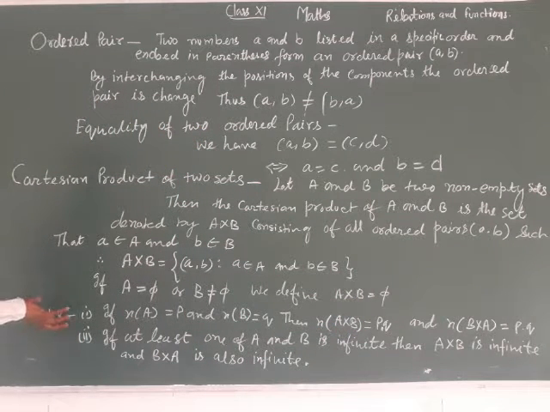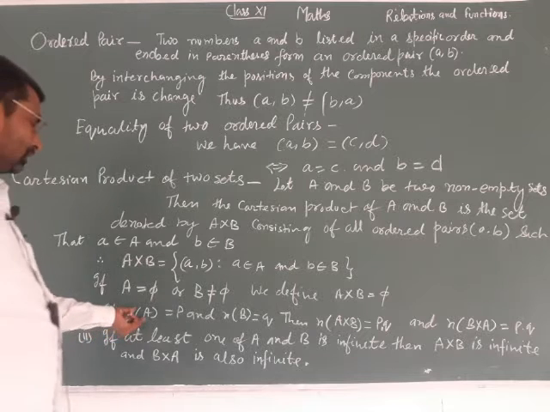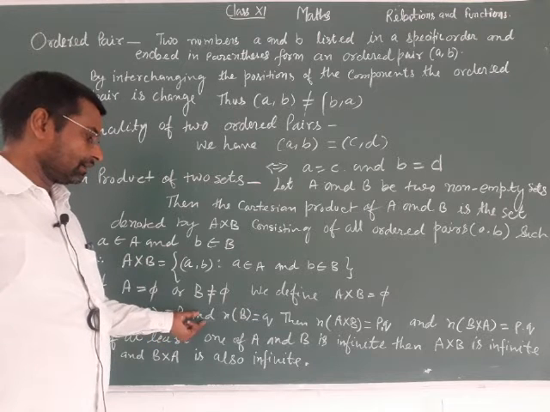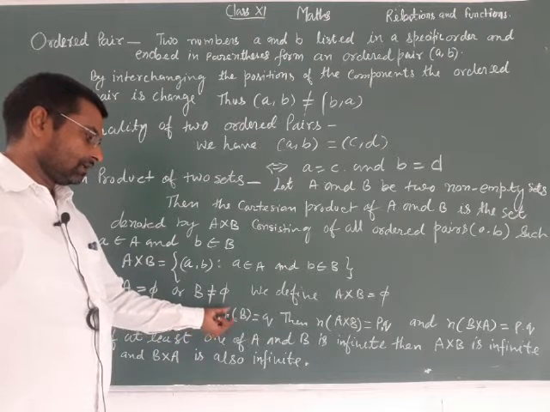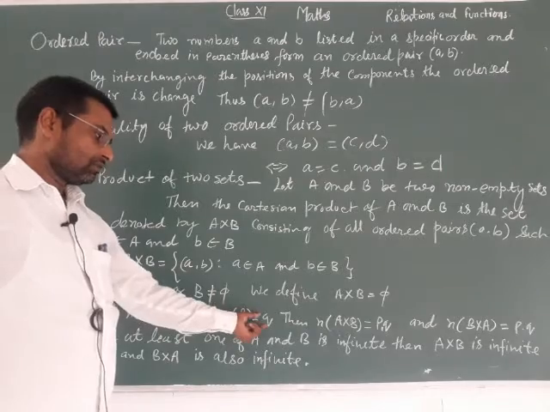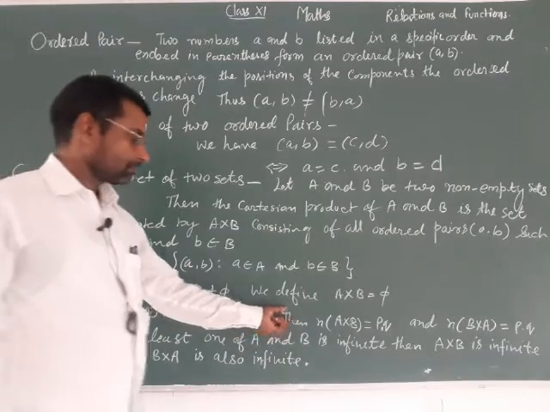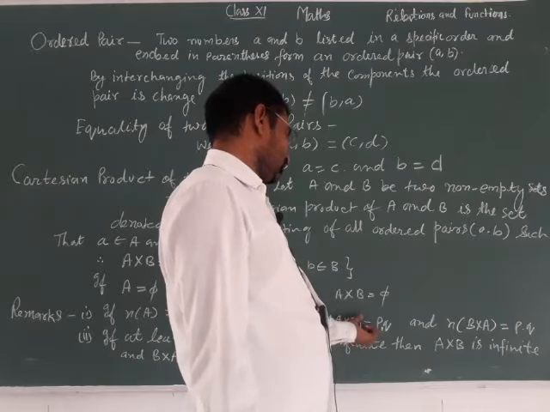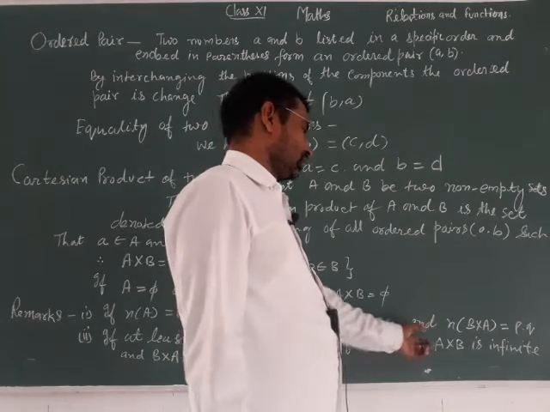Remarks. We note that if the number of elements of set A is equal to p and the number of elements of set B is equal to q, then the number of elements of A cross B is equal to p into q.